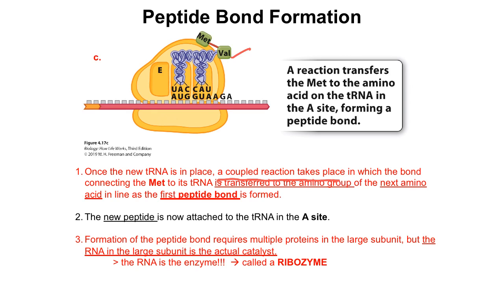And what this means is that the covalent bond that connects the methionine to its tRNA is broken, but is transferred to the amino group of the next amino acid, which is valine. So the bond here gets transferred over here. And since it's a transfer of bond, there is no loss of energy. It's an equivalent reaction, but it's a directed kind of reaction, directed by the large ribosomal subunit.